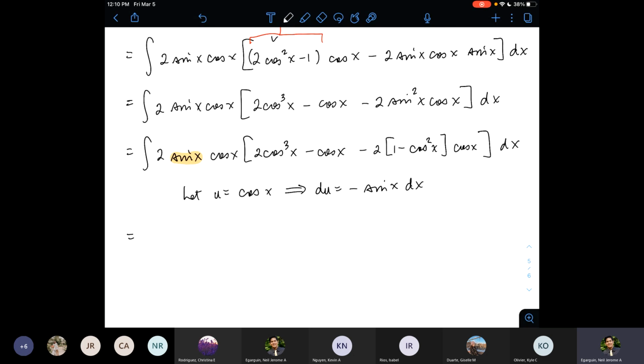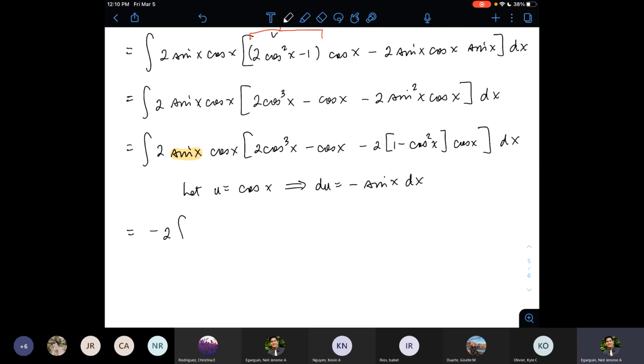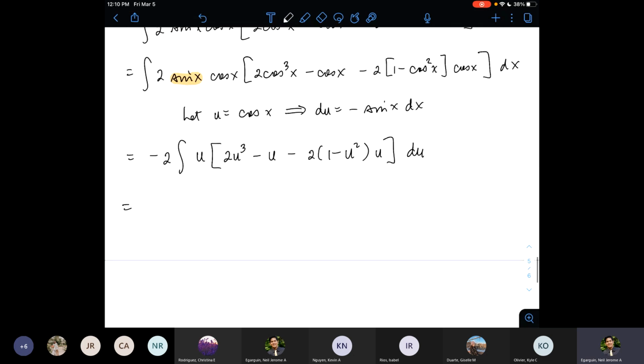Now I have a negative there, and I have a 2 in front of the integral, so I'll have a negative 2 outside. Then integral of u times 2u cubed minus u minus 2 times 1 minus u squared times u du. And then let's just perform the multiplications here.